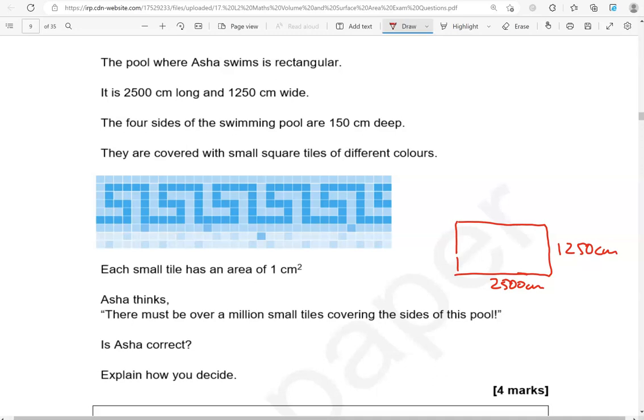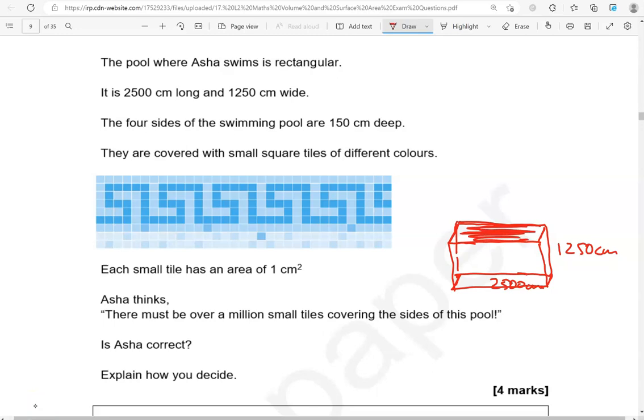And we've got the depth of it, which is 150 centimeters. So these sides are covered in tiles.